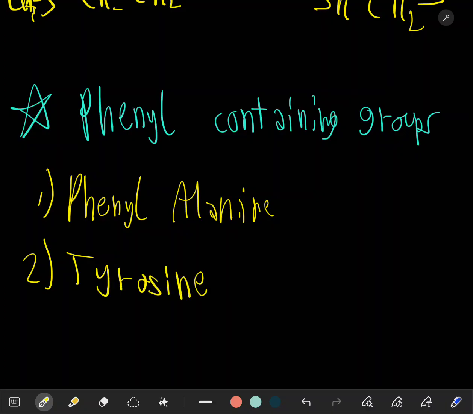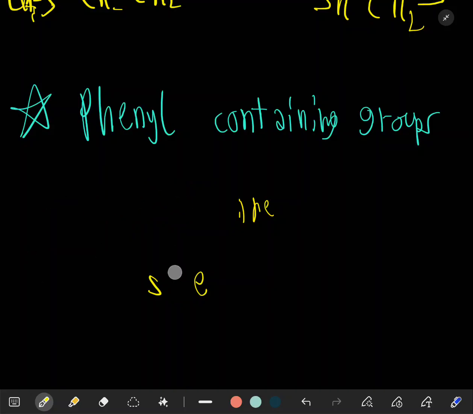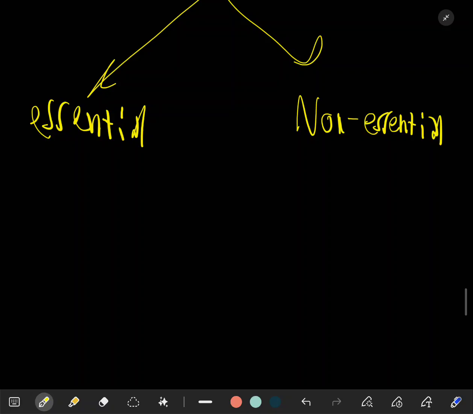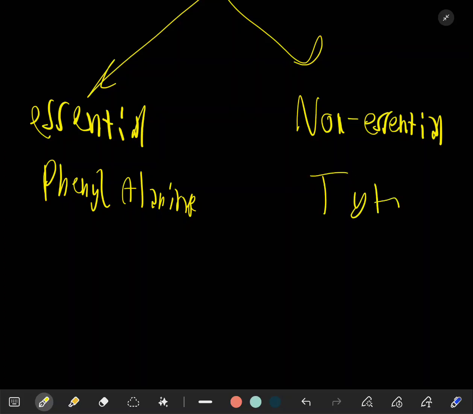No, these are not essential. Sorry, here also the same pattern is seen. So for phenyl containing, maybe make two lines, essential and non-essential. In essential you get phenylalanine. In non-essential you get tyrosine.